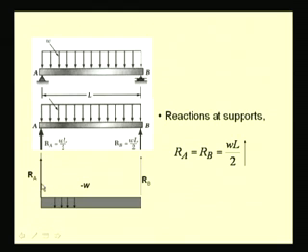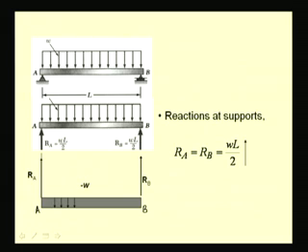We have the reaction RA at A, which is a positive value of magnitude WL by 2. So, we mark it as a point load or a concentrated load at this point A, and at B we have the reaction RB, whose magnitude is again WL by 2. So, we mark it as a concentrated load.